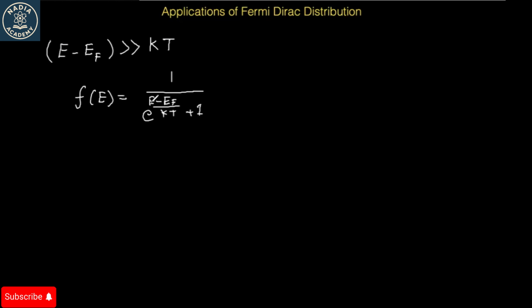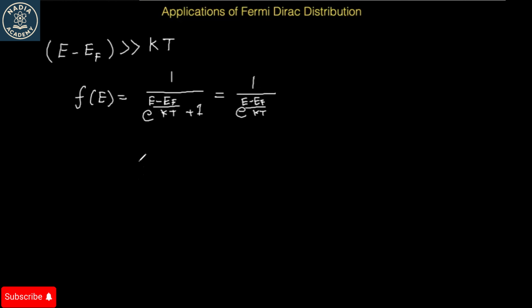Now we can see that the exponential term is relatively too big compared to 1. So then e has too big a power, and this factor is too big compared to 1. So we can simply write it as 1 over e raised to E minus EF divided by kT.